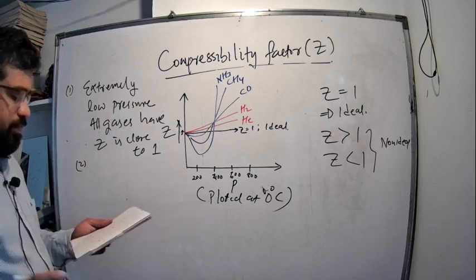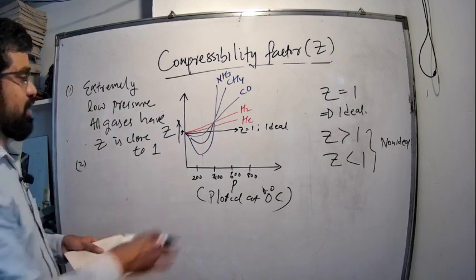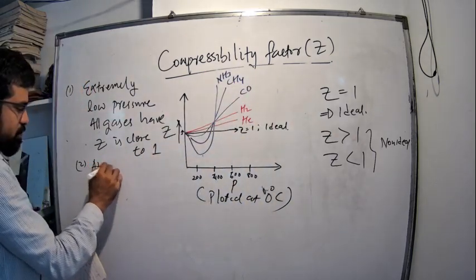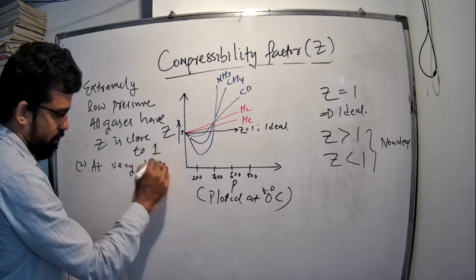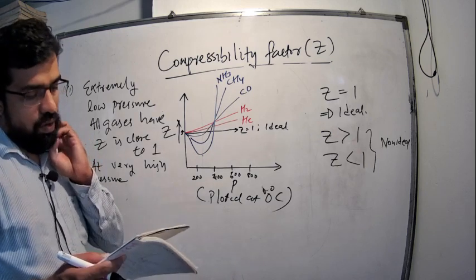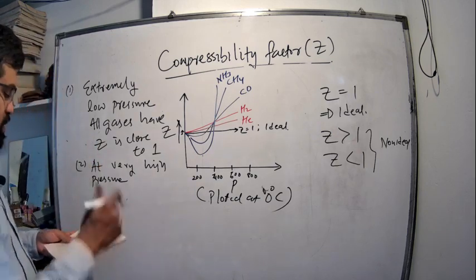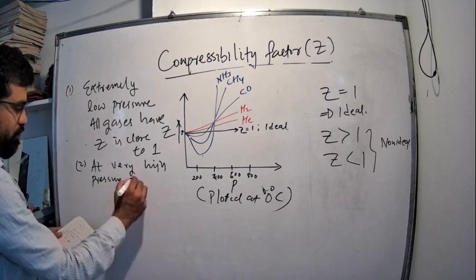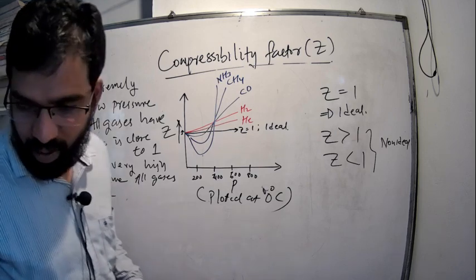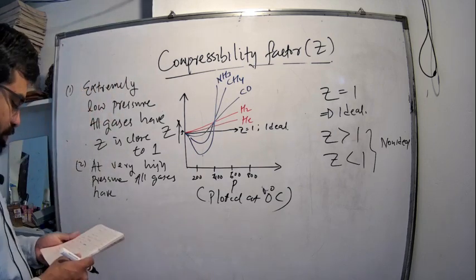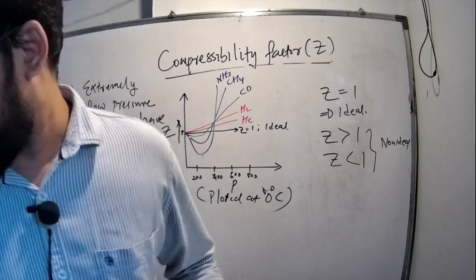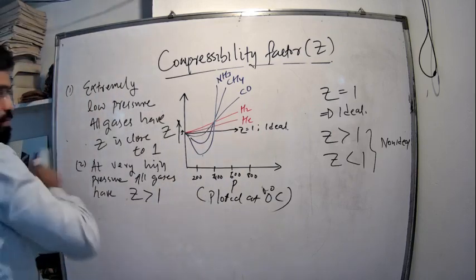Second observation: at very high pressure, all gases have Z greater than 1.